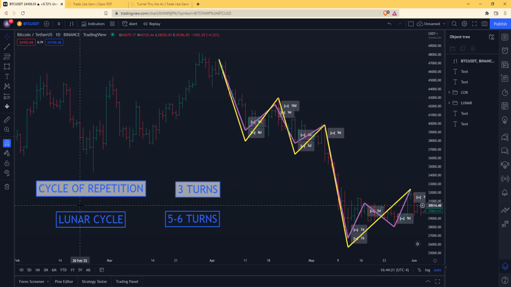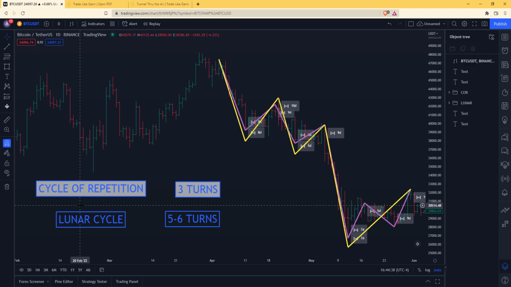But the problem with COR cycles is there are more cycles in the COR platform than the lunar, but they do not work with every instrument.